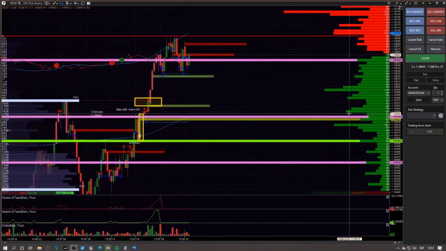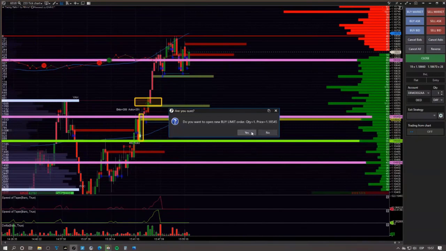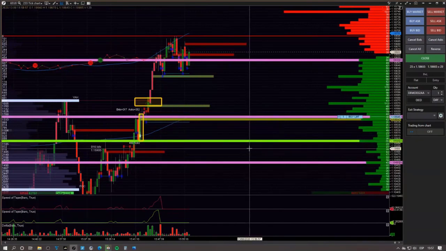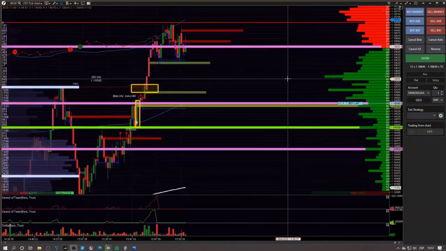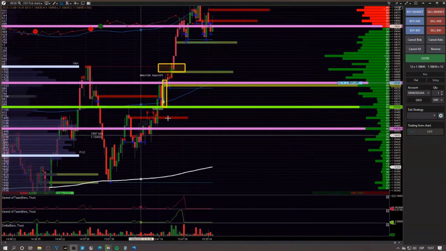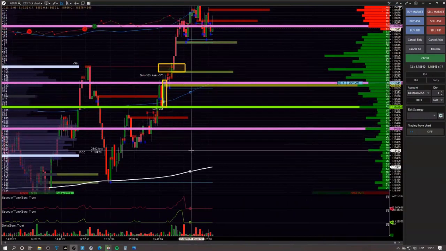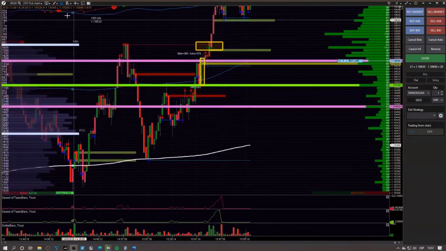All right, so I'm going to put my order here, and that's where I will wait for the price to reach back in this area. And my stop loss will always be behind the volume area. Let me see what that will be.